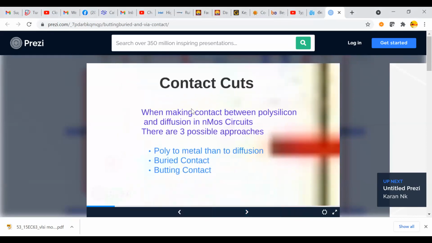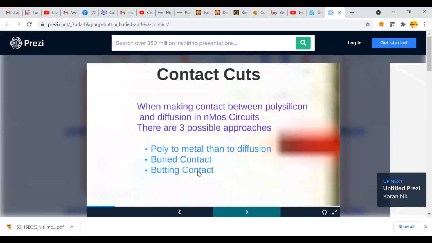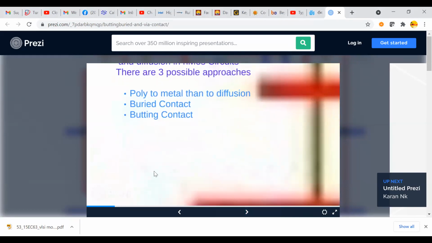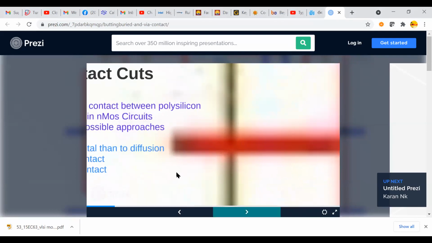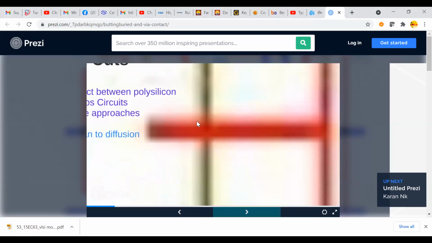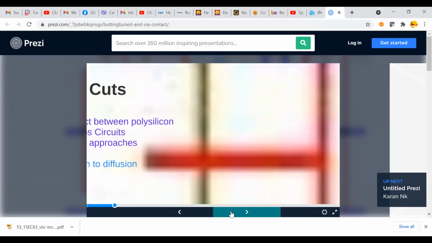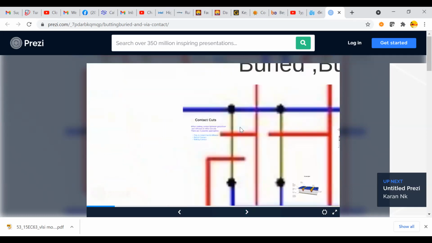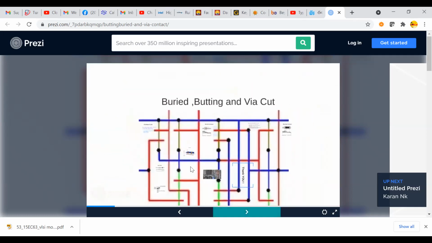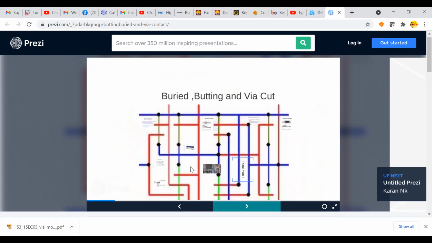Yeah, contact cuts. So already we know 3 different types of contact cuts: poly to metal, buried contacts and butting contacts. See here, the red is the poly and this is the metal.